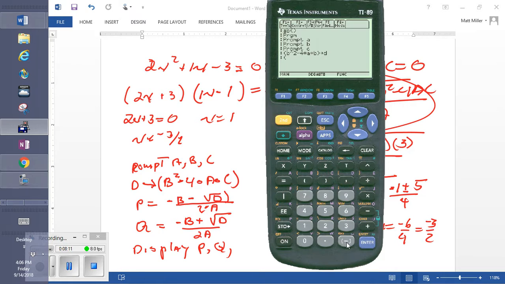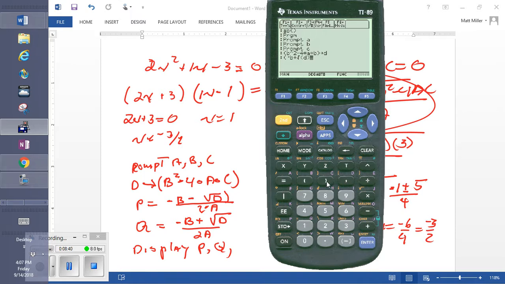This is your opposite key, opposite of alpha B. We're going to do plus, and now we've got the square root of D. So we're going to activate second root. I'm going to have to put in alpha D in there.